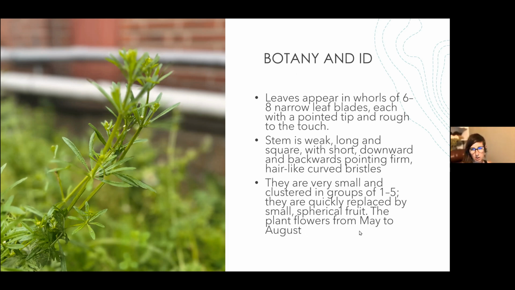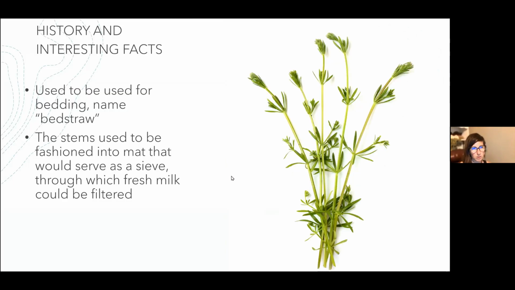They usually flower from May to August. It's only April here, but like I said, we're having a really warm spring. One of the common names of cleavers is bedstraw. It used to be dried and used as bedding to stuff mattresses. It has a pleasant smell, and it gets fluffy when it's dried.